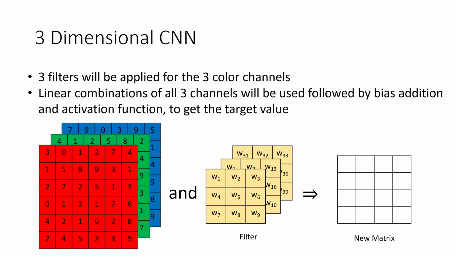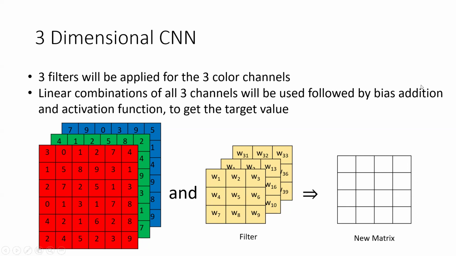So this is the exact example that we were using. For example, if you take only the red matrix, which was the same matrix that we used last week, and use this filter, which is the W1 to W9 matrix, then you will get this new matrix, right? Or the output or the target matrix.